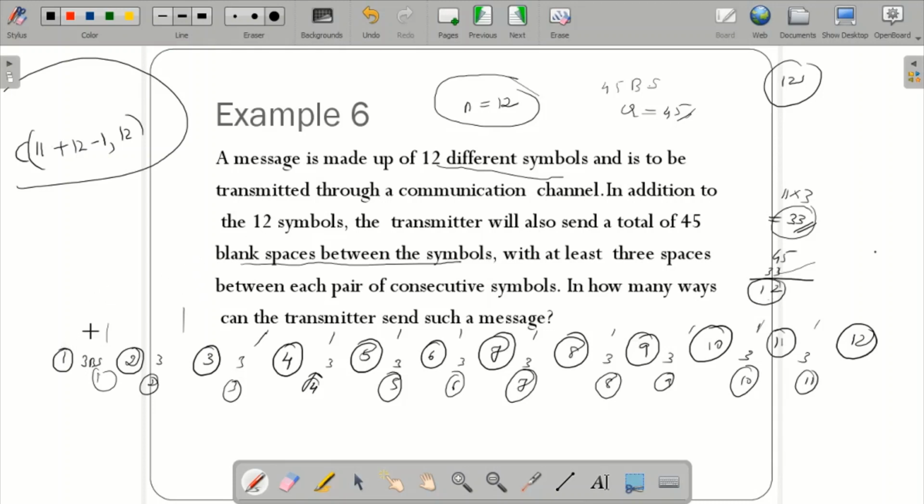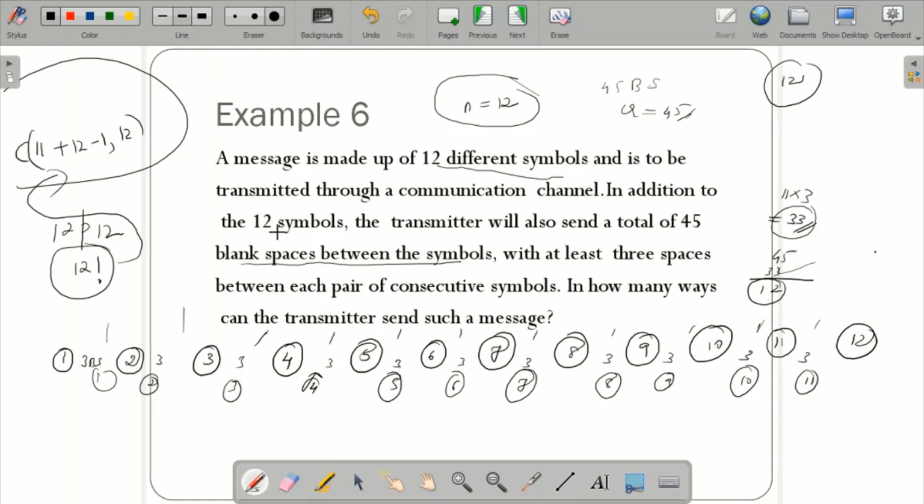See, these different symbols can be arranged themselves in how many ways? When we take in terms of permutation, there are 12 symbols. So we need to arrange them in 12P12, which is nothing but 12 factorial ways. So these symbols can be arranged themselves in 12 factorial ways, and this into this will give you the final solution.